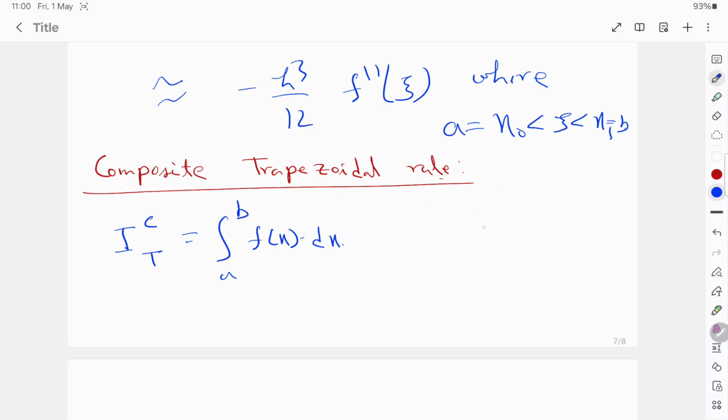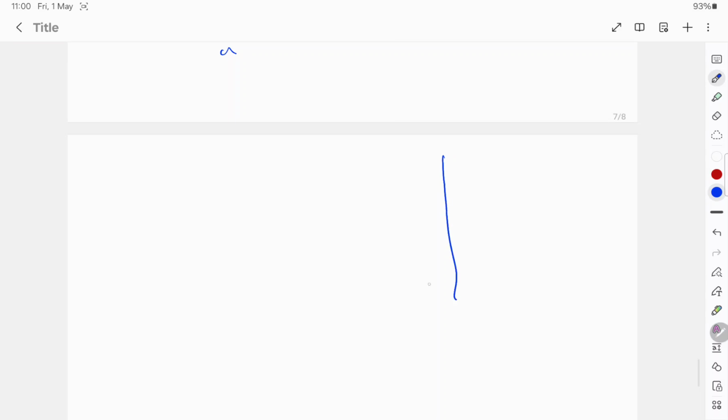But suppose this is your a, this is your b. Now suppose you have to do, already we have seen, right? And what is your normal trapezoidal? This is your this. But now in composite we will suppose divide in 3 parts.